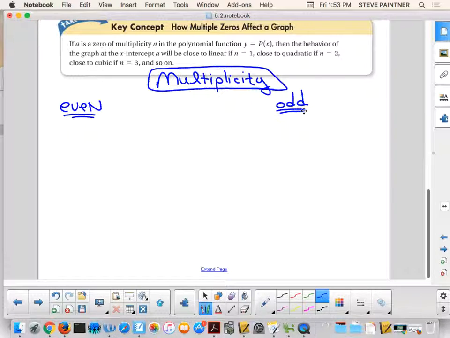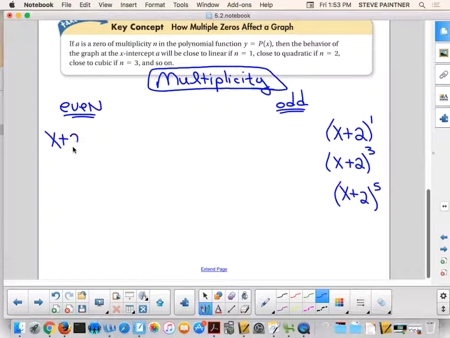But what does it mean? Well, here's an odd: x plus 2 to the first, x plus 2 to the third, x plus 2 to the fifth, and so on. Those are odd multiplicities. These are evens: x plus 2 squared, x plus 2 fourth, x plus 2 sixth.